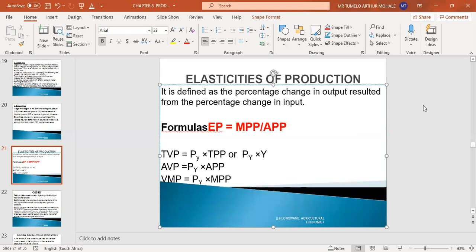Yes, I said the first thing that you need to do there is to explain in terms of the stages. So once you mention the stage, they will give you a mark. So you will say EP is less than 1. So if EP is less than 1, which stage is that?